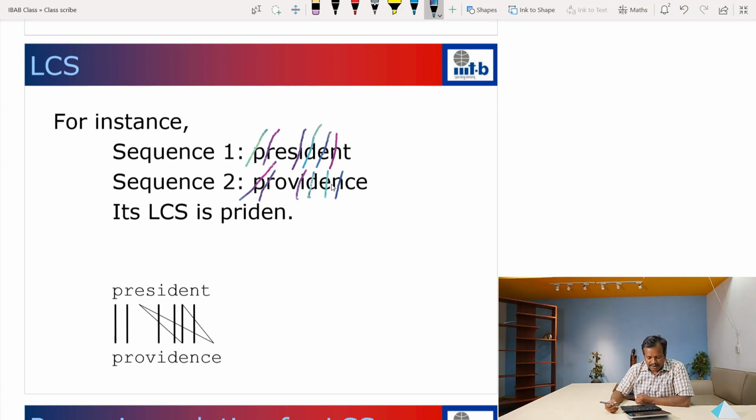So you can verify that this is a subsequence of both, and among all the common subsequences, this is the one which has the maximum length.